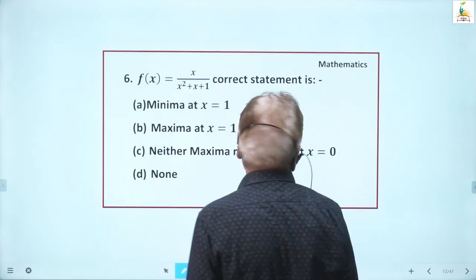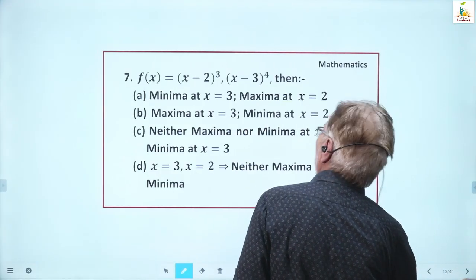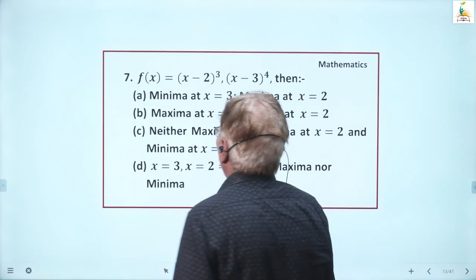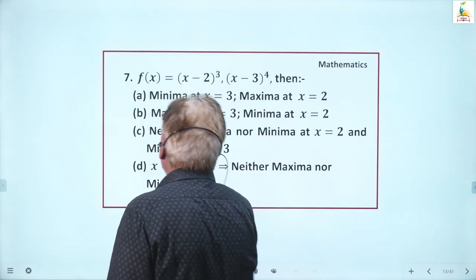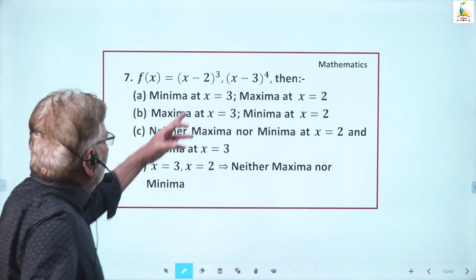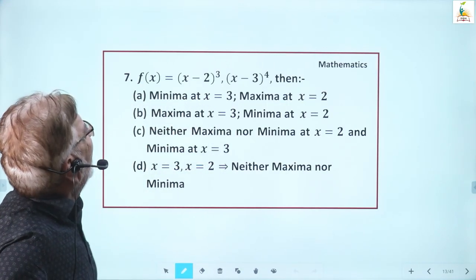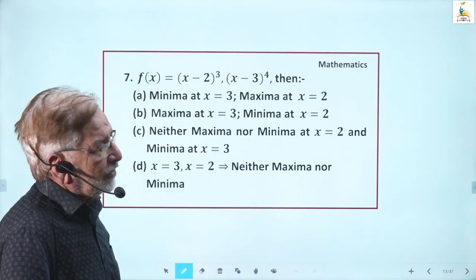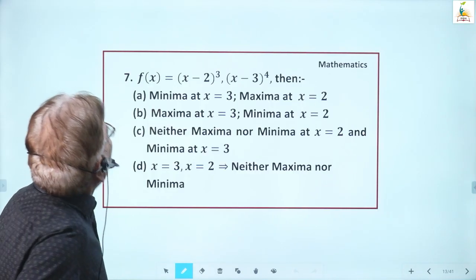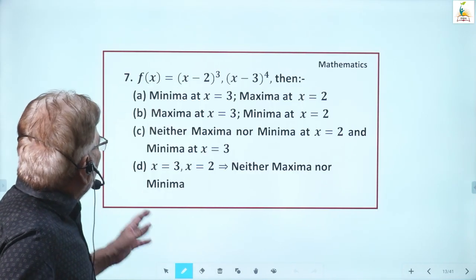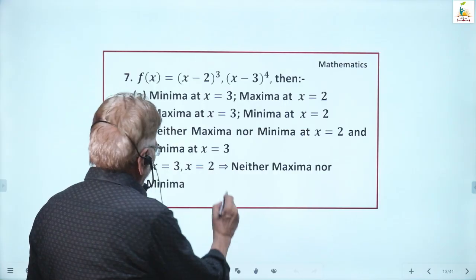Next is f(x) equal to (x minus 2) whole cube, (x minus 3) whole raised to 4. This is a very good question. In certain questions, first find out f dash x.